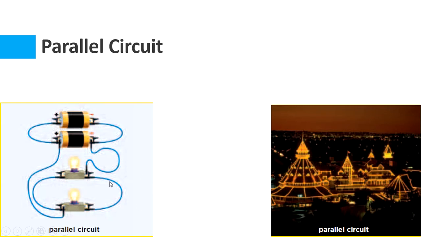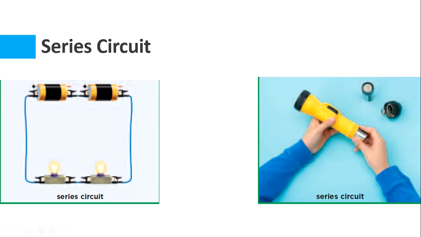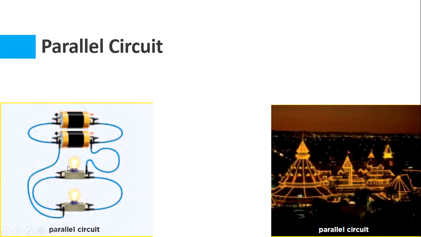But in a series circuit, if one of the bulbs burns out, because it's connected by only one path, the others will turn off too. The parallel circuit, on the other hand, is different. It has many paths, due to which if one bulb is switched off, the others will keep on working.